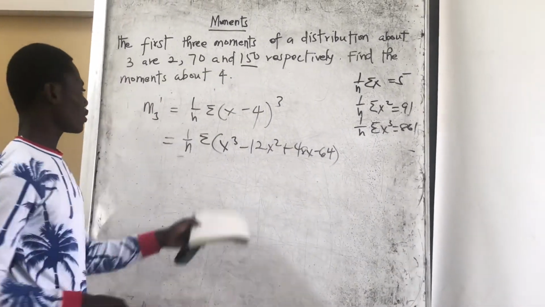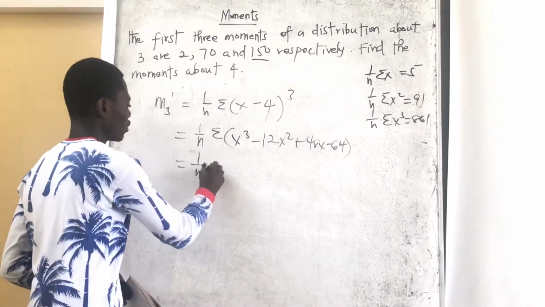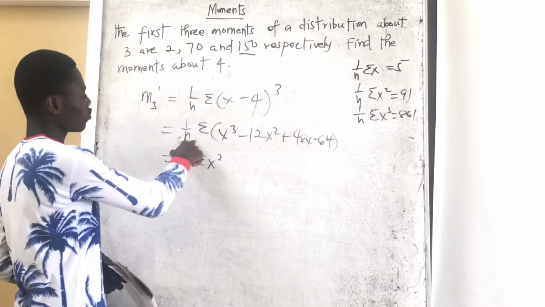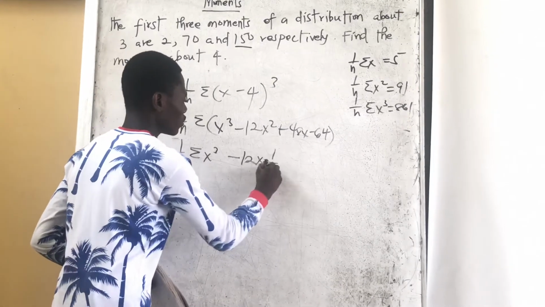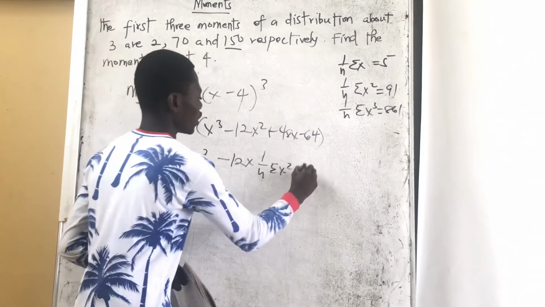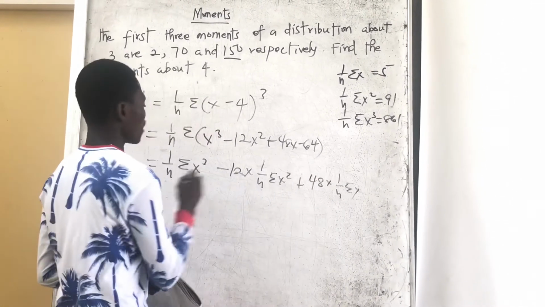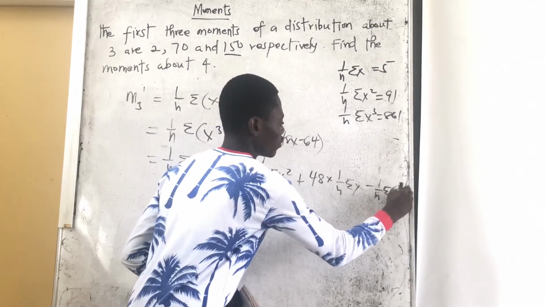Similarly, this one we also go about by simplifying. So 1 over n sigma x cubed, as you multiply this by this, then minus 12 times 1 over n sigma x squared, then plus 48 times 1 over n sigma x, then minus 1 over n sigma 64.